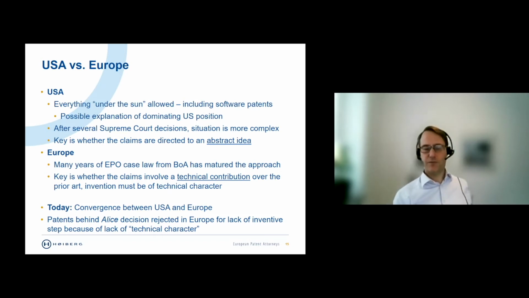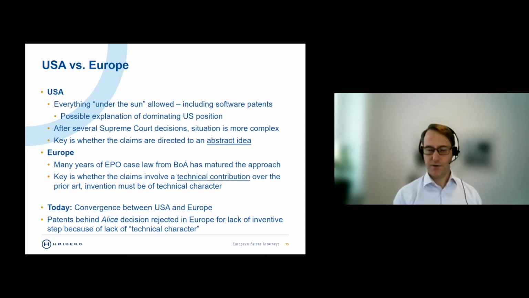One very famous one, in 2013 I think, was the Alice decision, which had some very strange claims on, for example, interest rates. The court said that you cannot patent what they called abstract ideas, and there were long explanations why.